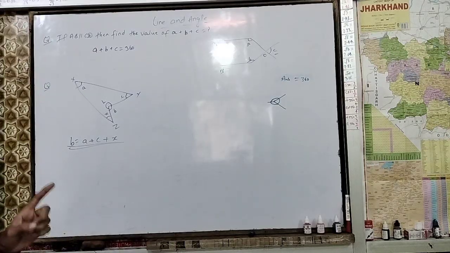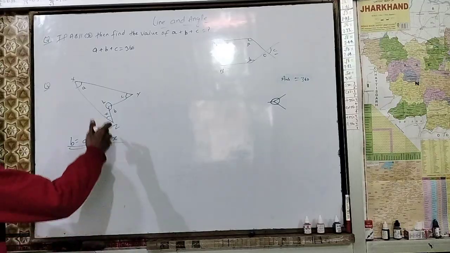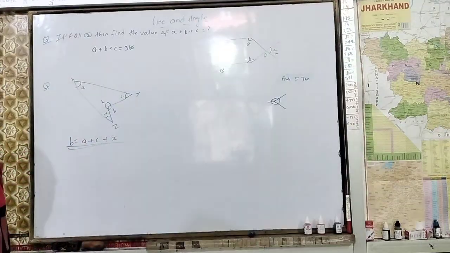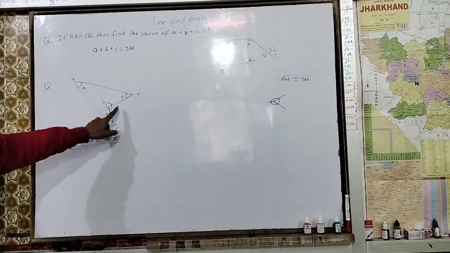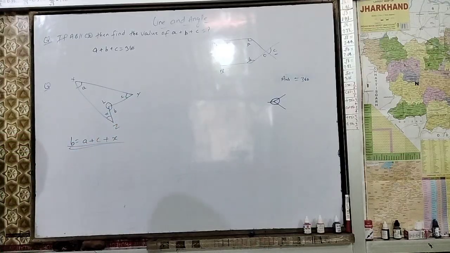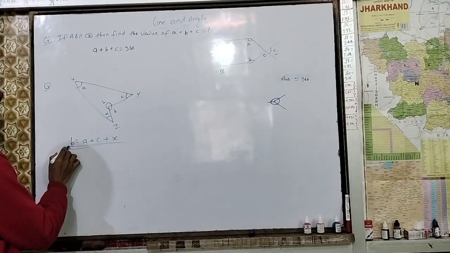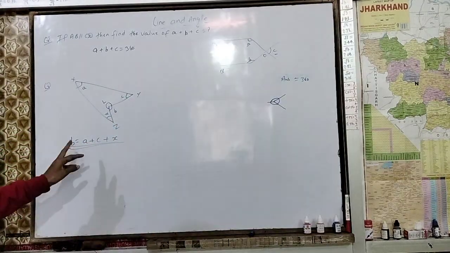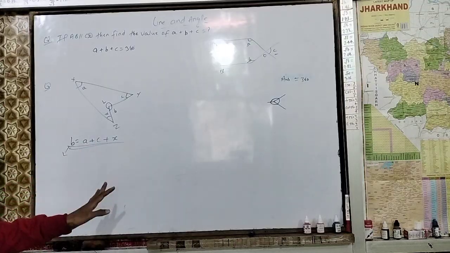But a trapezium? No, not a trapezium either. We have four vertices: this one, second, third, fourth. This B is the exterior angle, and A, C, X are interior angles.